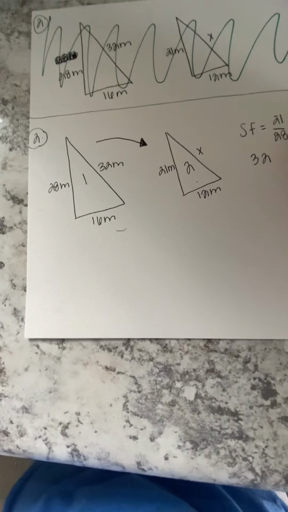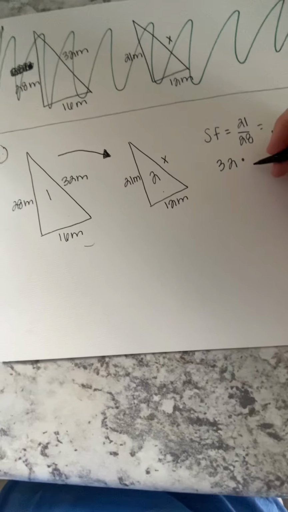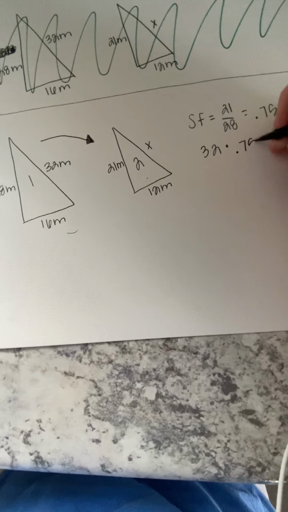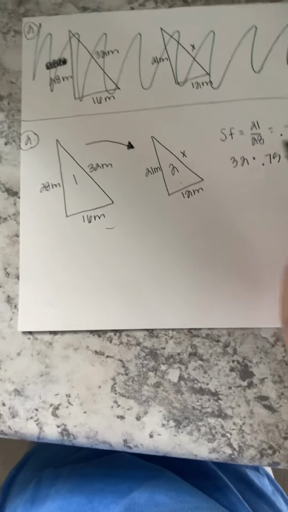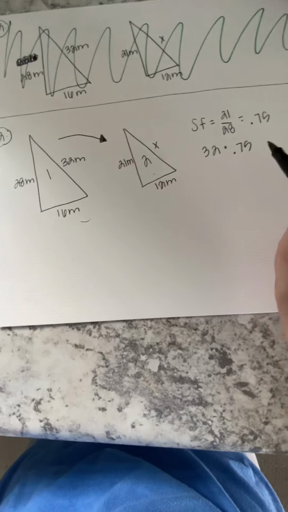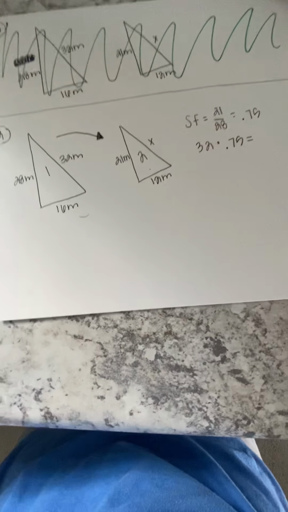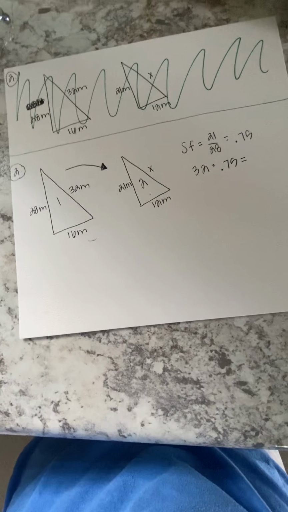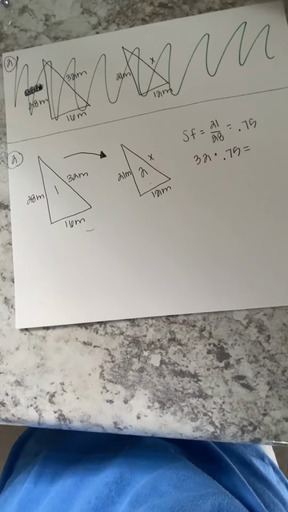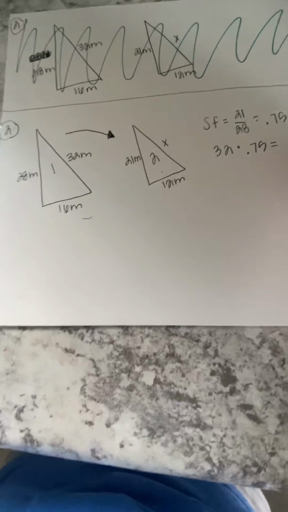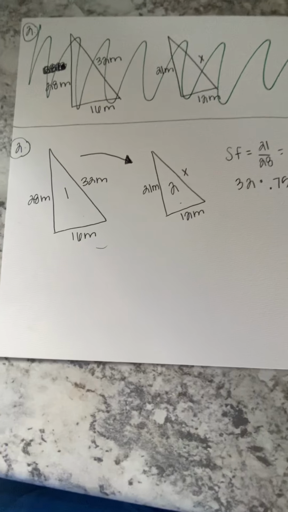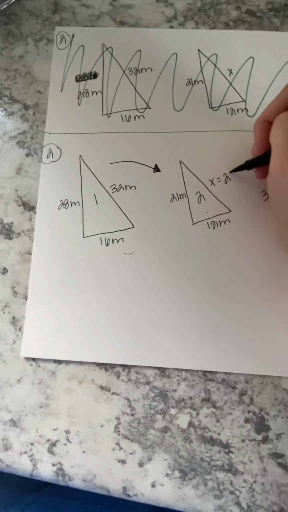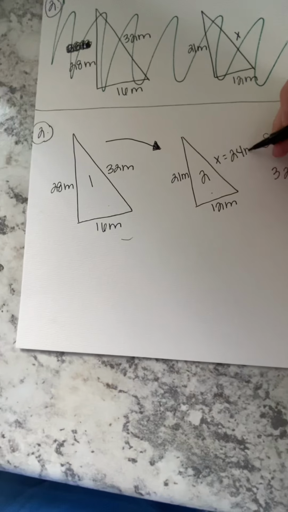And every single time I multiply by my decimal, my scale factor. So corresponding side times my scale factor. And when I multiply 32 times 0.75, I get 24. My missing side length is 24 meters.